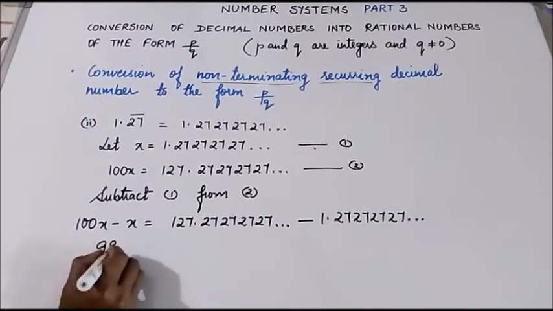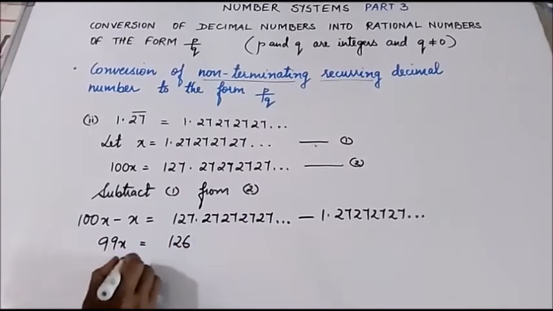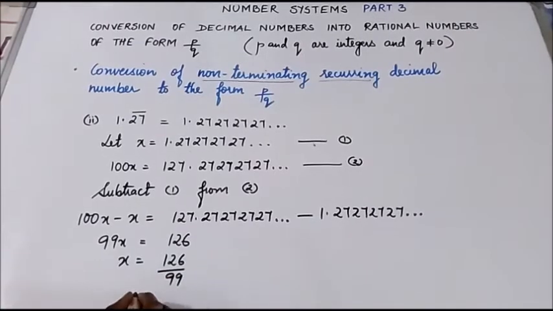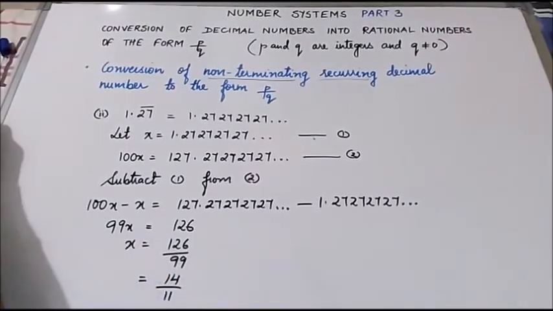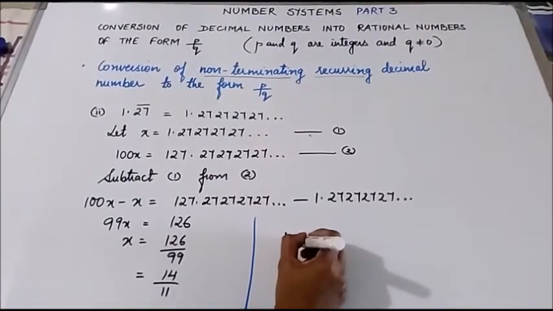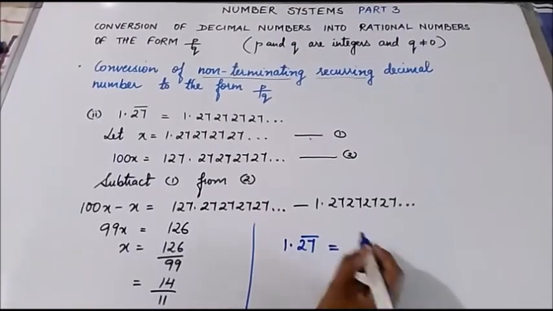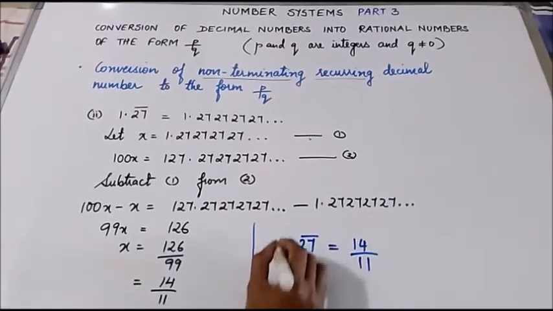This will give us 99x equal to 126. x equal to 126 divided by 99. We will write it in the reduced form, that is 14 by 11. Hence we can express the given number in the form p by q, where p is 14 and q is 11.